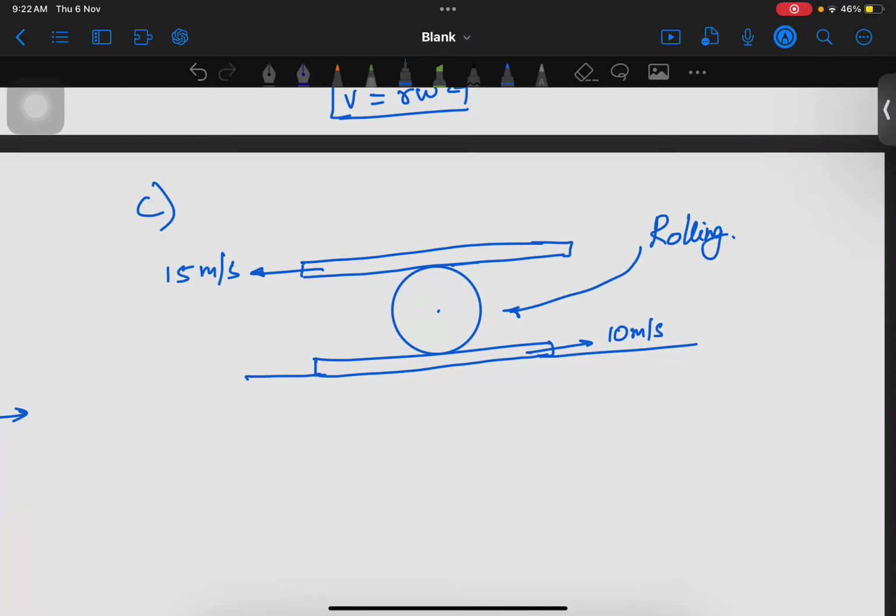Given to us to be in rolling motion. So therefore, if this is in rolling motion, then let's try to find out the value of the velocity of the center as well as the angular velocity of this object. And we are given the value of the radius. The radius is, let's say, 2 meters.